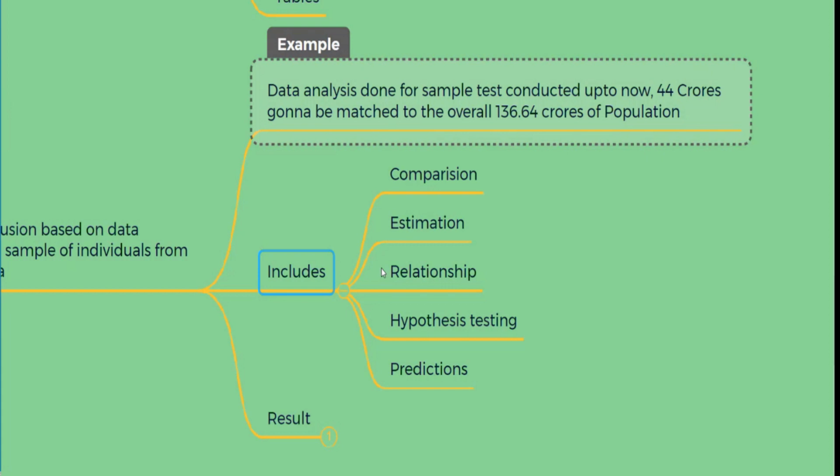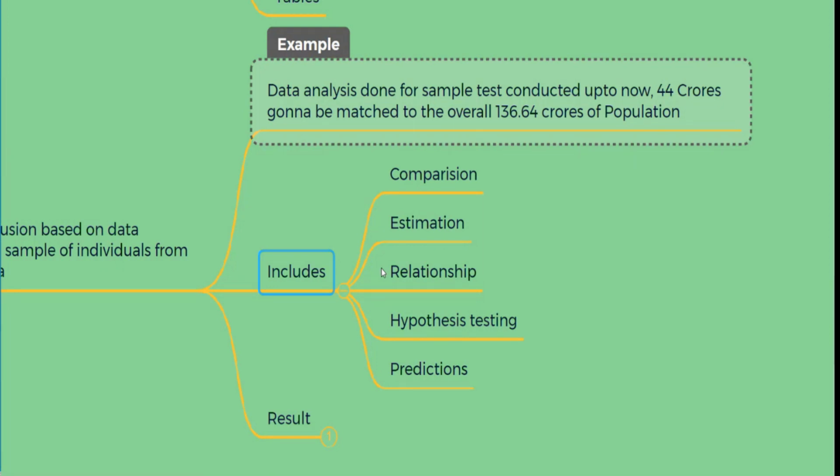So in this inferential statistics, what steps are included? First, comparison will be there, then estimation, relationship, hypothesis testing, and then predictions can be done. Once we have taken some sample data and come to a conclusion, we will try to check all the possibilities.